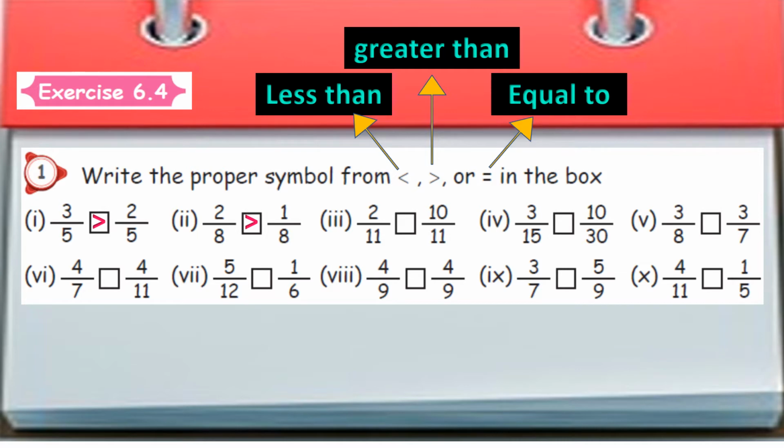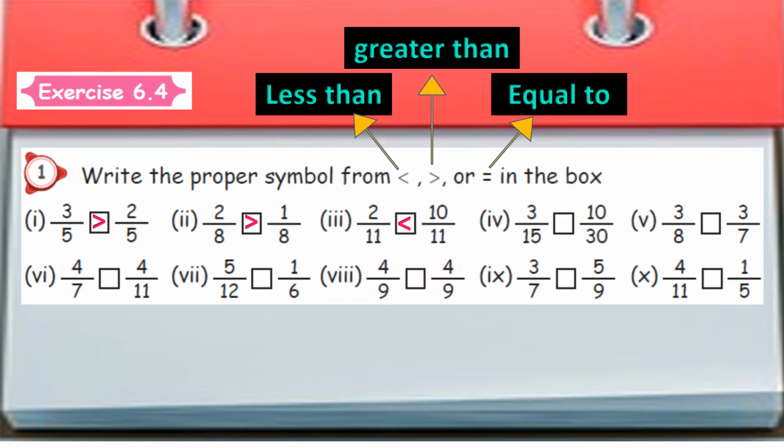So this is also called a like fraction. So here 2 or 10, which is greater? 10 only, isn't it? So open that side. We open that side, but the symbol denotes less than. That means 2 by 11 is less than 10 by 11. Right? Okay.